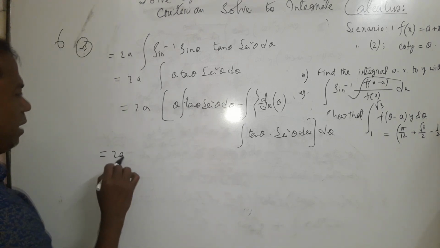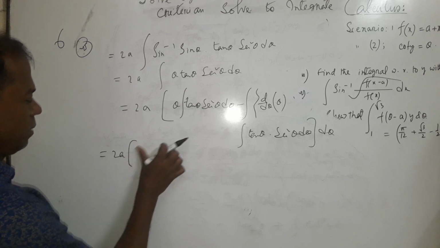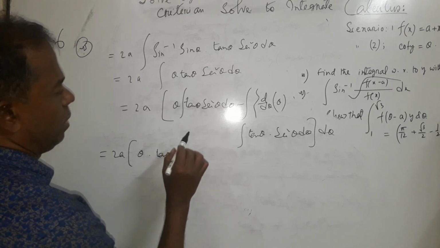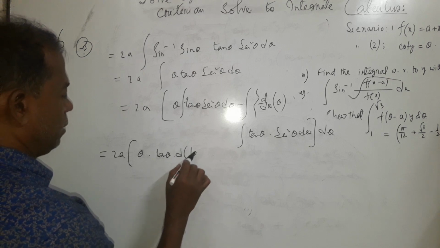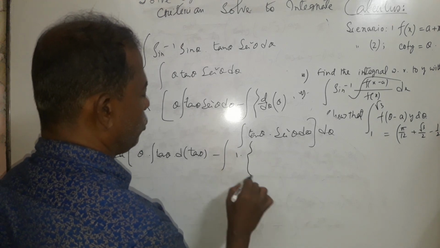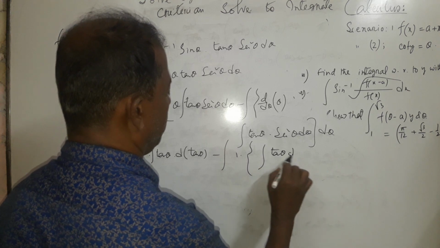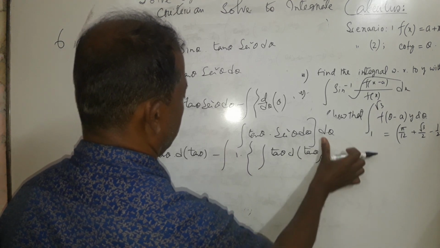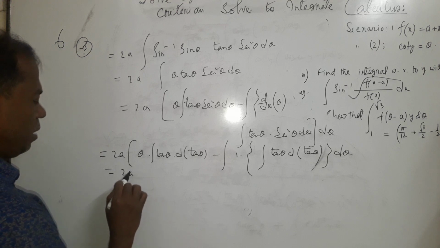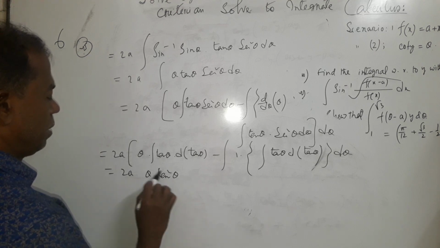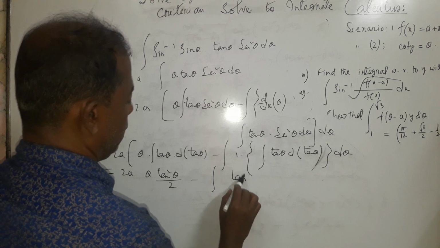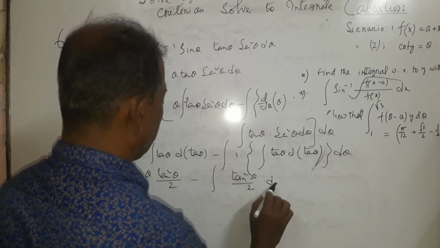That's why 2a: theta times tan square theta divided by 2, minus the integration of tan square theta divided by 2 d theta.